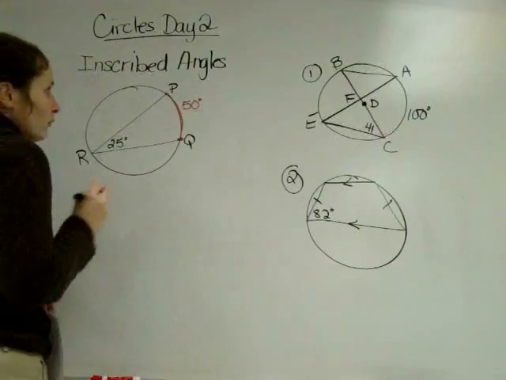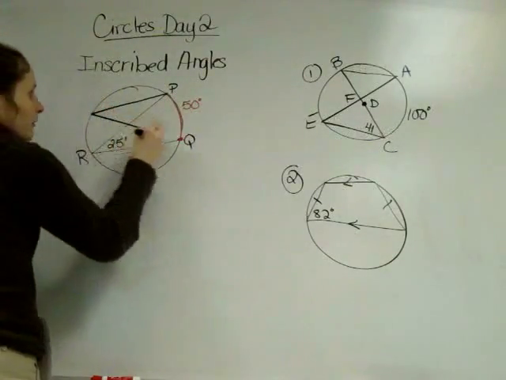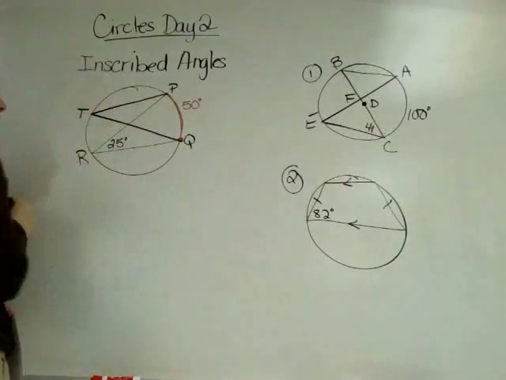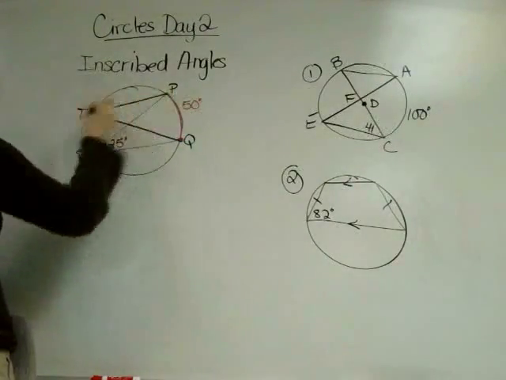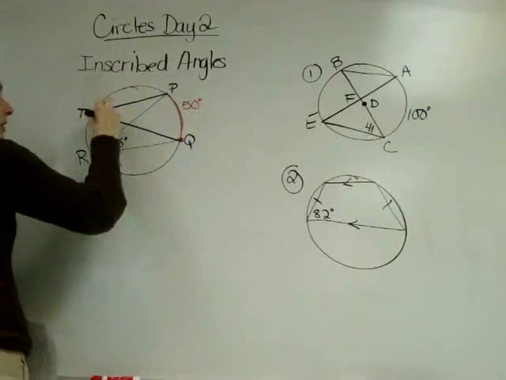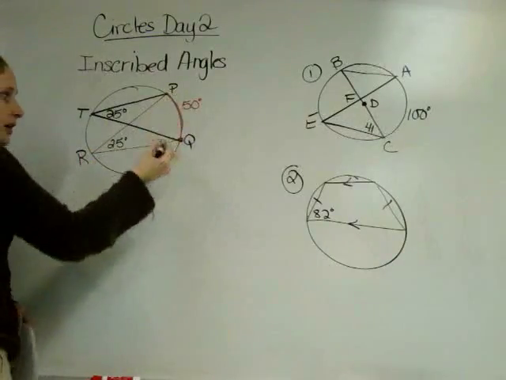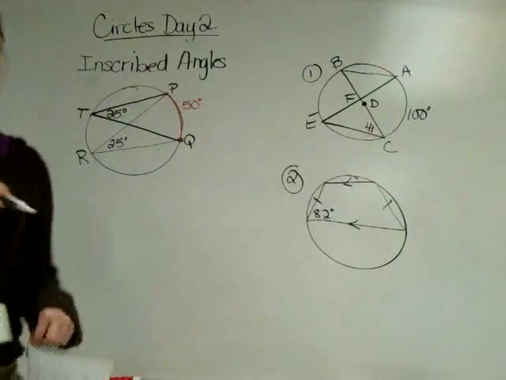Now, if we had another inscribed angle that intercepts that same arc, for example, angle PTQ, we find the angle measure the same way. We're going to take half the measure of the intercepted arc. Therefore, you can see two angles that intercept the same arc are congruent.